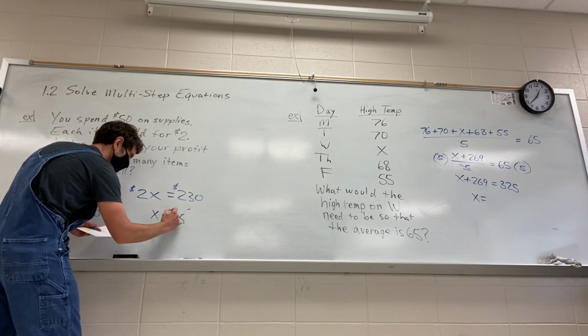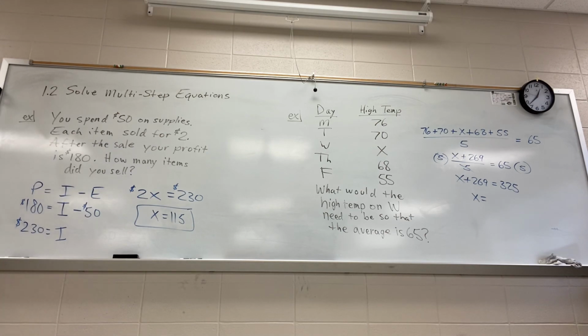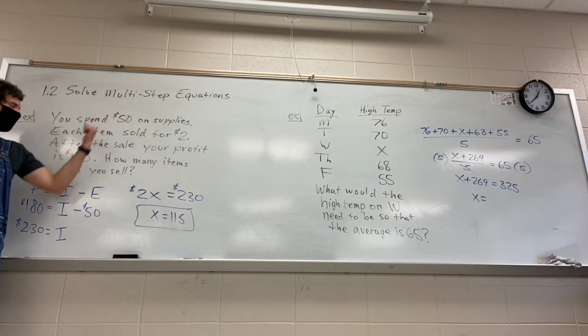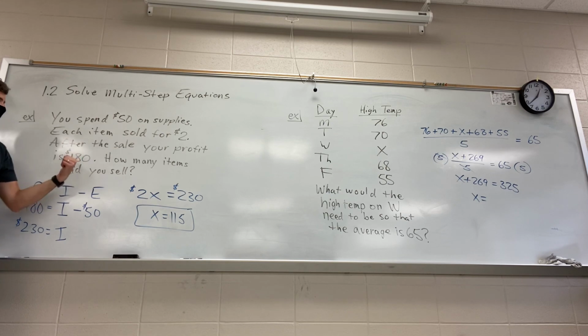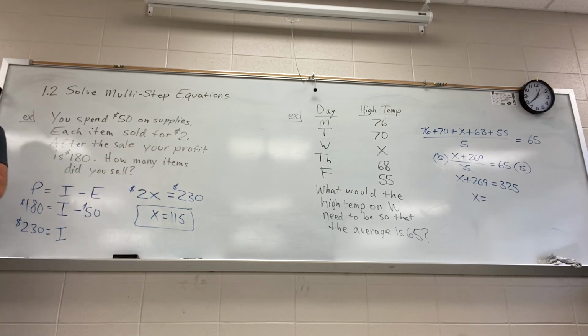Oops, 115. Sorry, I'm distracted. 115 items. There is a way to write this as one equation, but in my mind, I had to break it up into two. I first had to find out, based off of expenses and profit, how much money I brought in. And then I could divide by $2 to find out how many items total.